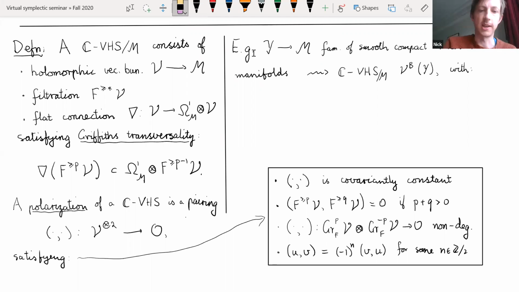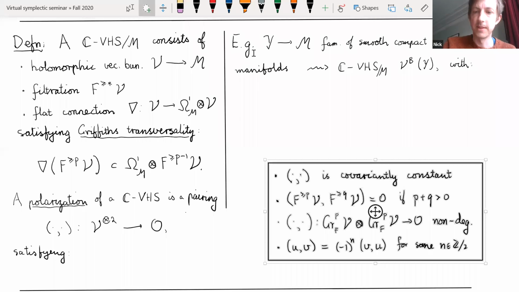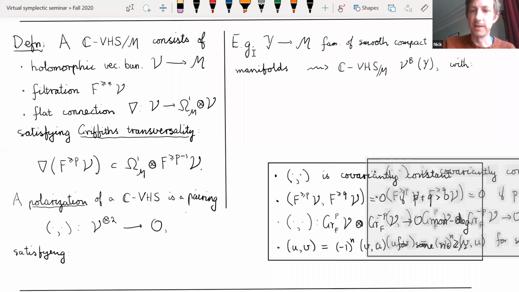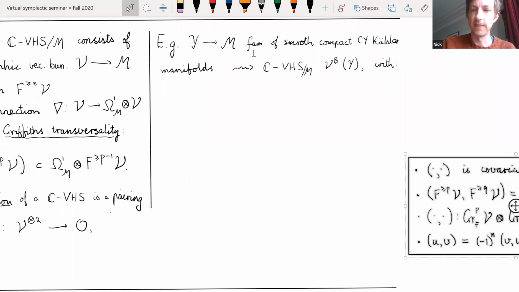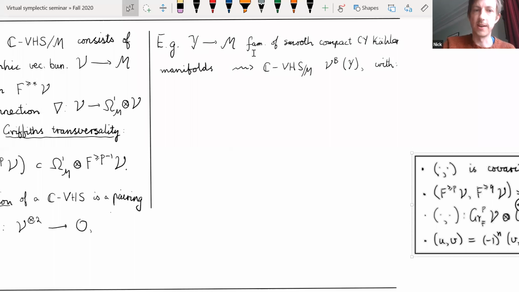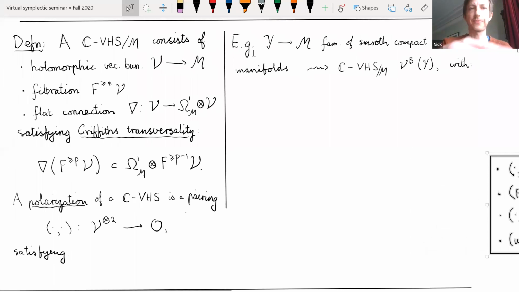I've put them on the screen, but now I'm going to move them off to the side so I can write there. All right, good enough.